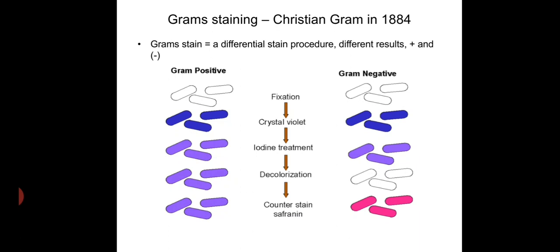So this is the Gram staining procedure developed by Christian Gram in 1884. This is a very important technique. And how will the proper antibiotic be selected? The proper antibiotic can be selected based on the Gram staining procedure.